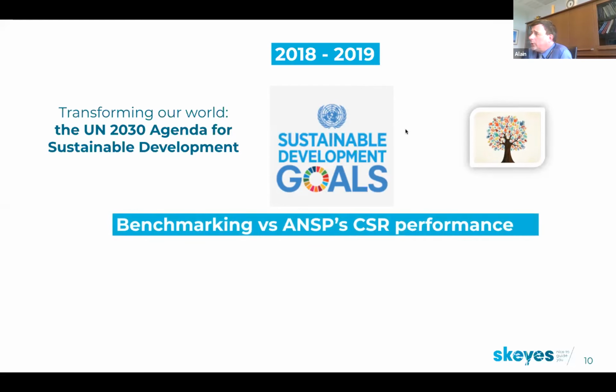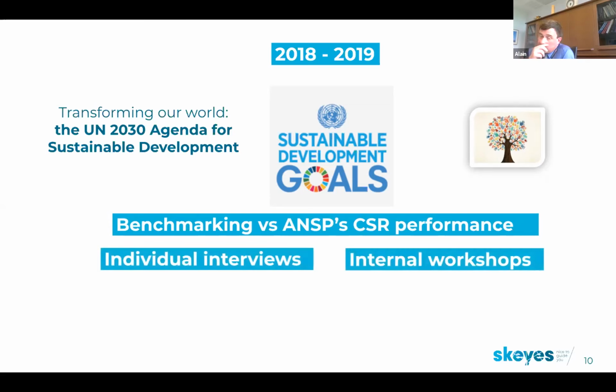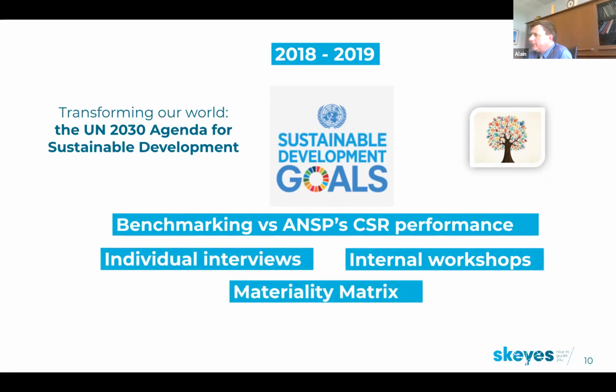So we developed our strategy by benchmarking with other air navigation service providers. We also internally held a lot of individual interviews and organized a lot of workshops to gather as much information as possible, and we derived a materiality matrix from all these interviews.